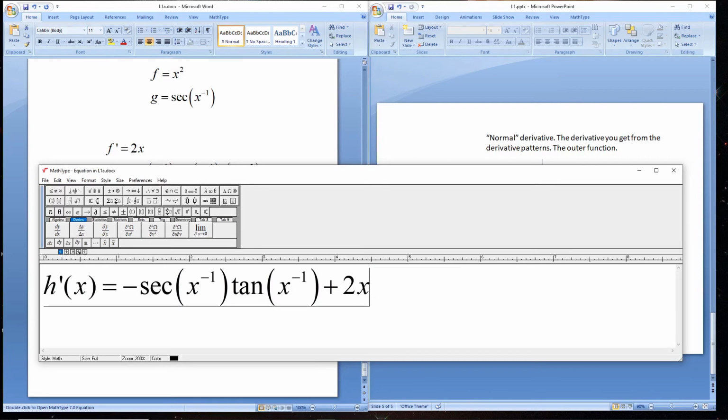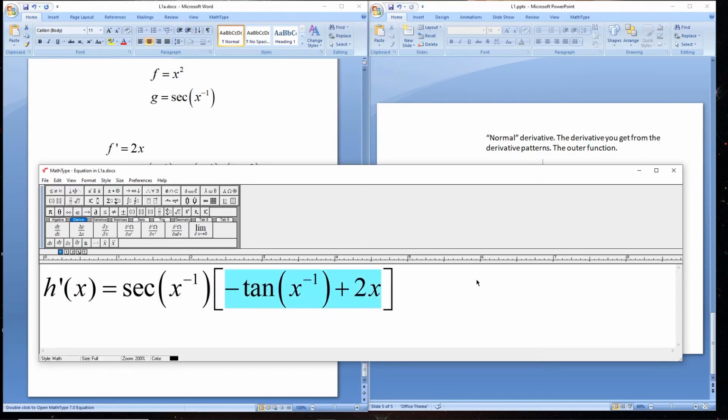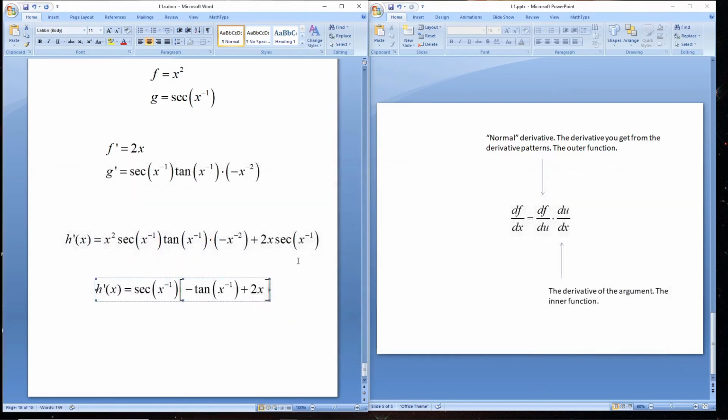And to do that, I'm going to have to stick the minus right here. And that's our best cleaned up answer. There's nothing more we can do that's going to make that look any nicer. So let's check out one more.